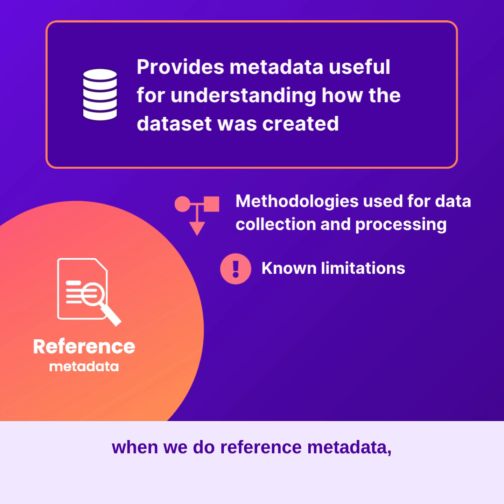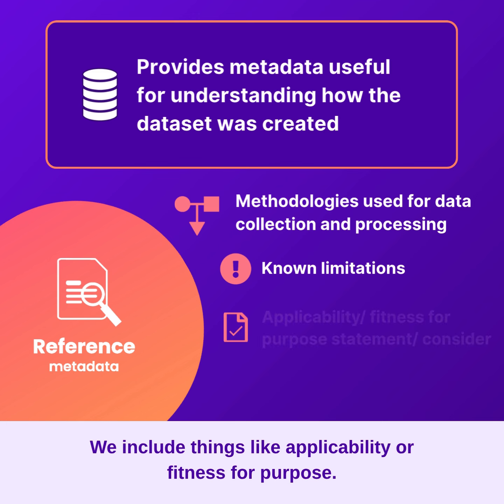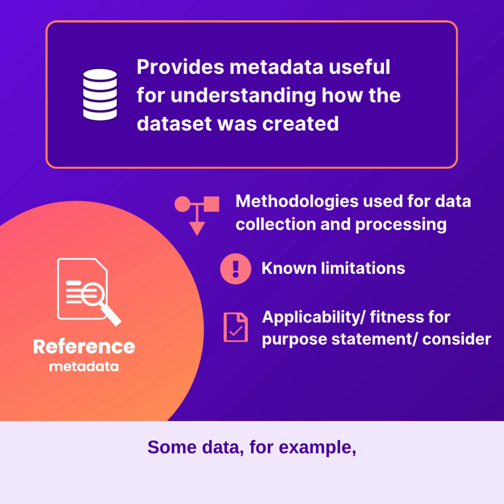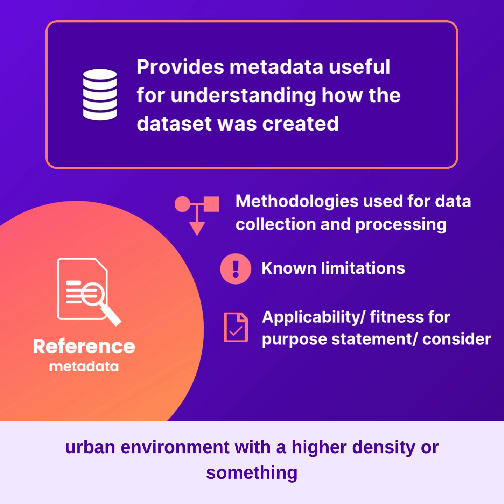When we do reference metadata, we include a couple of additional fields. We include things like applicability or fitness for purpose. Some data, for example, might have been used in one location or one province which had a very specific population size and population density, and that might not be applicable then to an urban environment with a higher density or something like that.